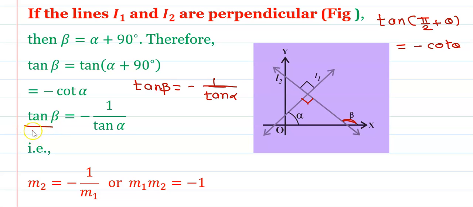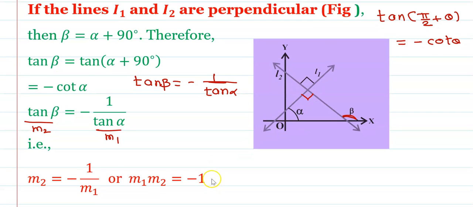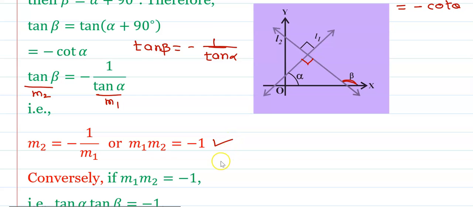Tan beta is m2, and tan alpha is m1, and therefore m2 is equal to minus 1 upon m1, and their product m1 into m2 is minus 1. Hence, when the two lines are perpendicular to each other, the product of their slopes is minus 1.